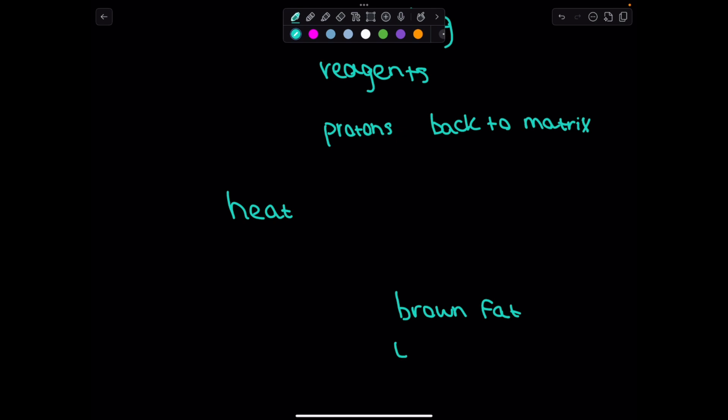Uncoupling reagents and brown fat thermogenesis both bypass ATP synthesis to produce heat, but their purposes differ. Uncouplers like DNP disrupt the proton gradient in mitochondria, letting protons leak back into the matrix without ATP synthase, wasting glucose oxidation energy as heat. Historically, they were used for weight loss, burning fuel without storing ATP, but they're dangerous, causing overheating or organ damage.